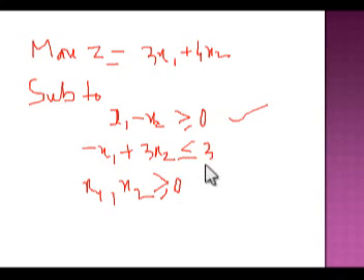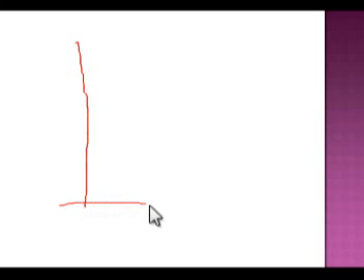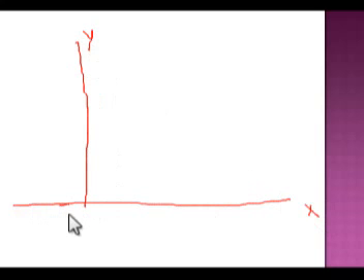Now we use the graphical method here again and draw the graph. I have already explained this. I am just drawing the graph, not solving it. I will just put the constraints as equations and draw the picture. So again I draw the axes. This is the origin.